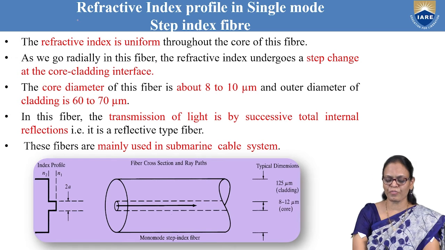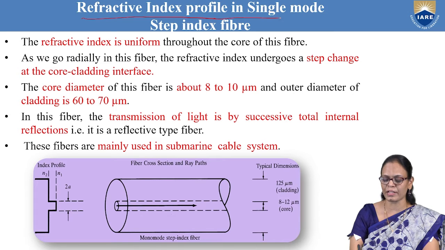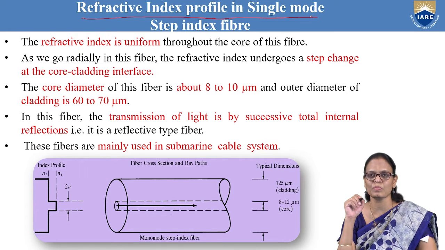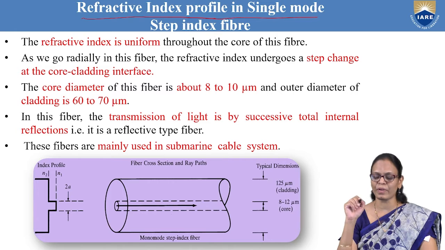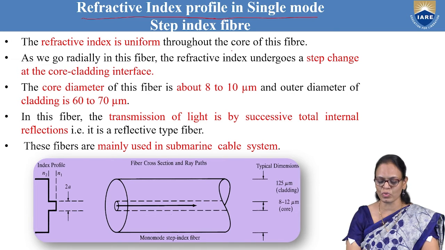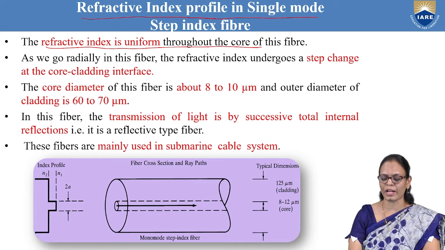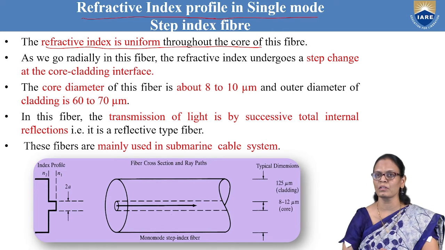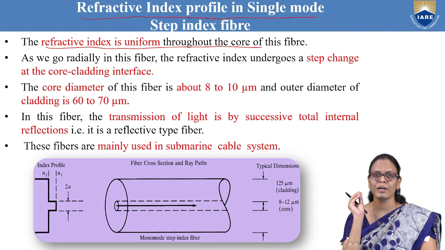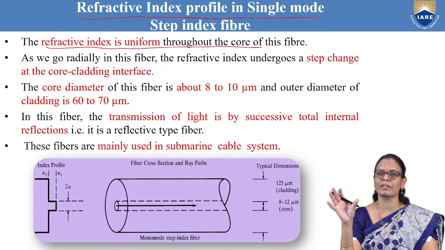So if we see the refractive index profile of single mode fiber, what we need to understand here is, whenever we are talking about step index fiber, what is the refractive index profile in single mode? The refractive index is uniform throughout the core. Whatever refractive index is there at the center, the same will continue till the core cladding interface.